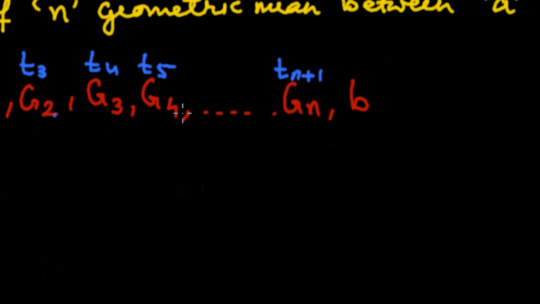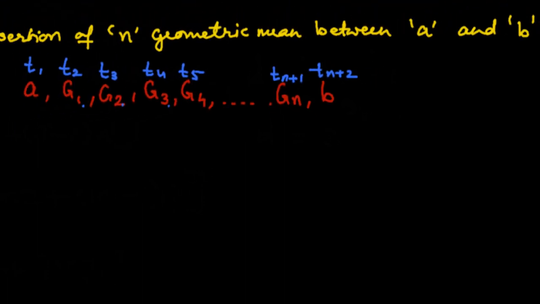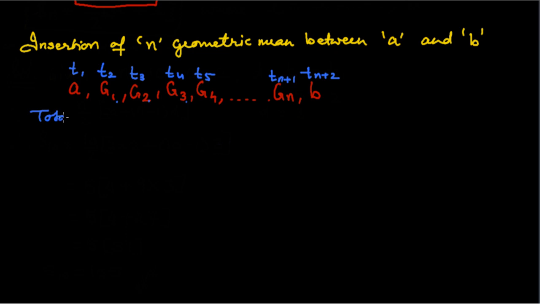One more than this, so the last term here will be T(n+2). So in this way, the total number of terms is n plus 2.